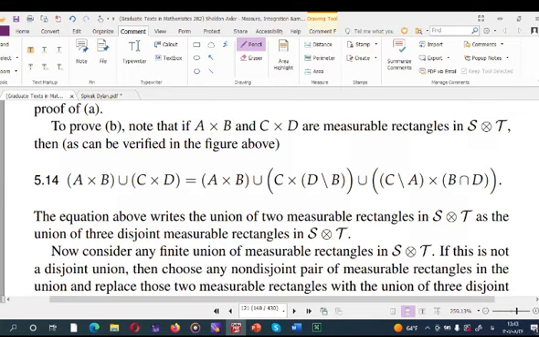The equation above writes the union of two measurable rectangles as the union of three disjoint ones. These two are written as the union of three, but disjoint, okay?